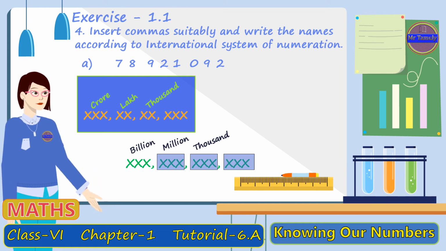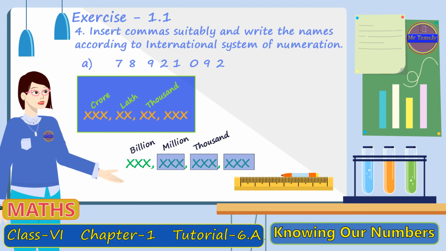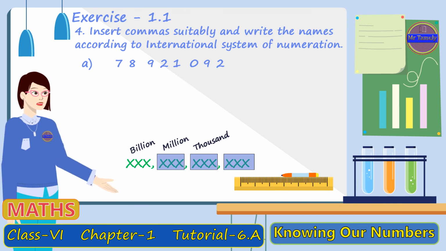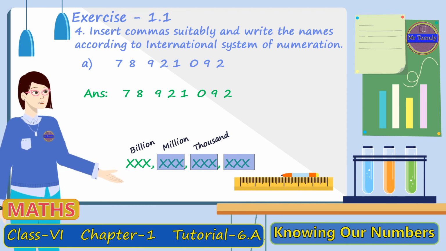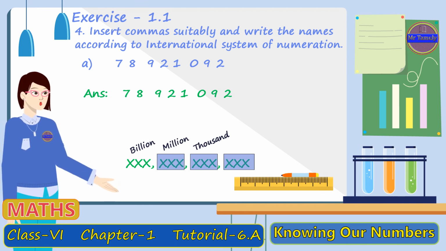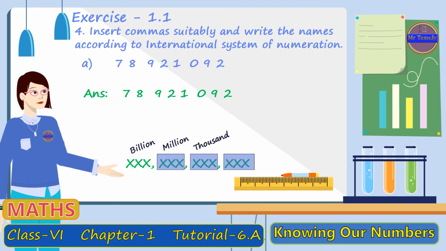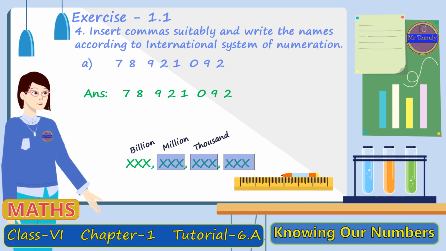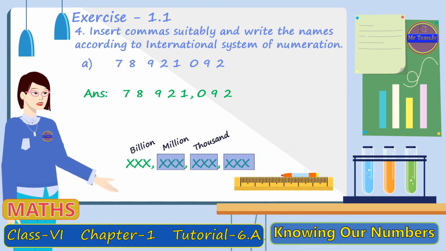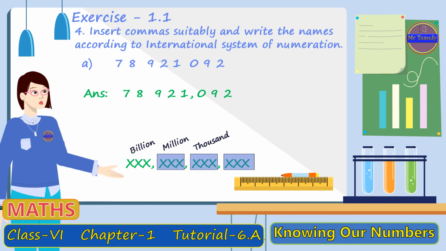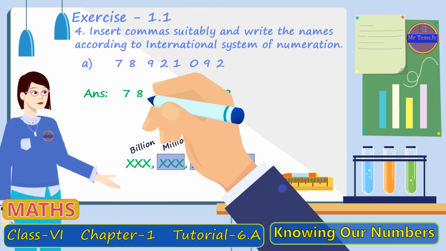Now we are ready to write the answer to our question. The first step is to write the given number itself. Please be mindful to leave sufficient gaps between digits to insert the commas later. So we are to insert the first comma after the 3rd digit from the right. As per the international format, we shall insert the next comma after the next 3 digits.